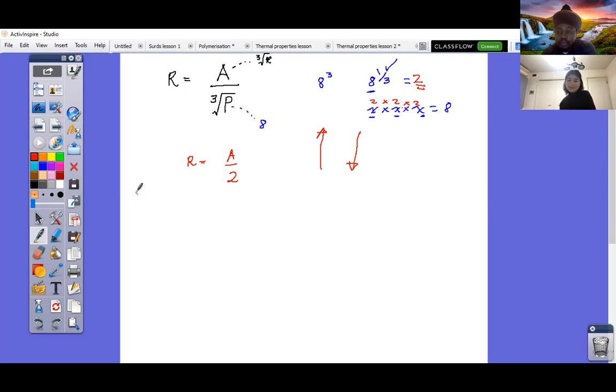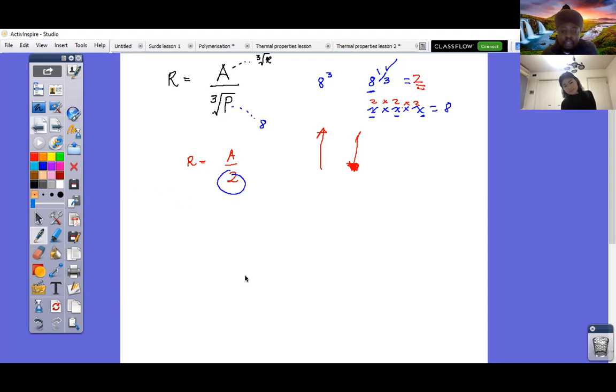It has gone down. Very good. It has to have gone down. By what factor has it gone down? By 2. Very good. That is the factor. So in other words, you've reduced the radius.